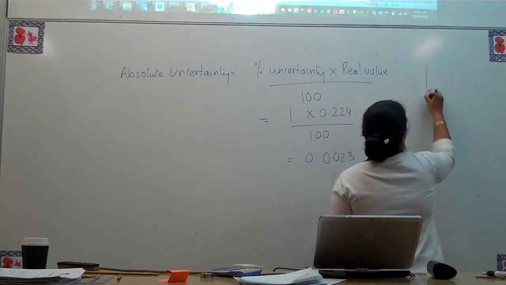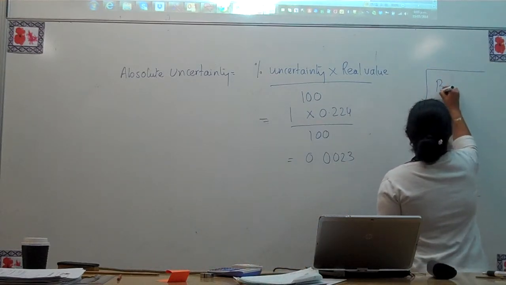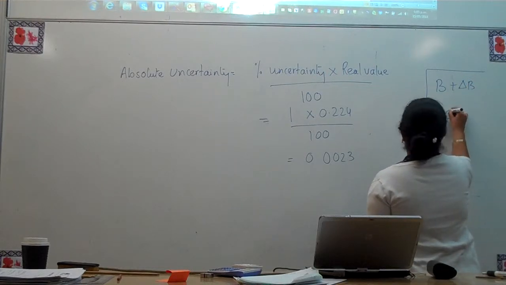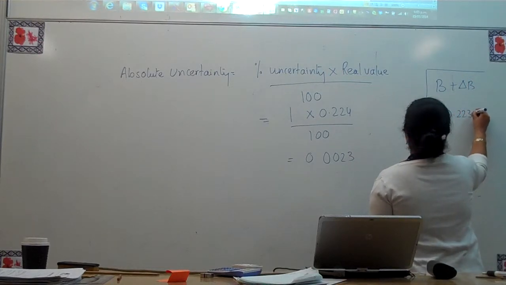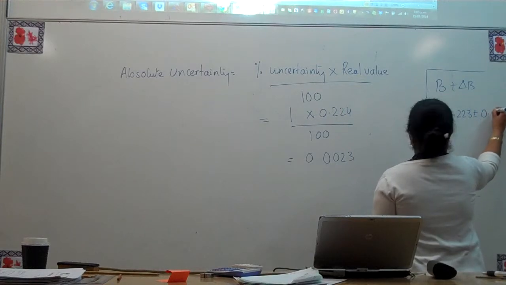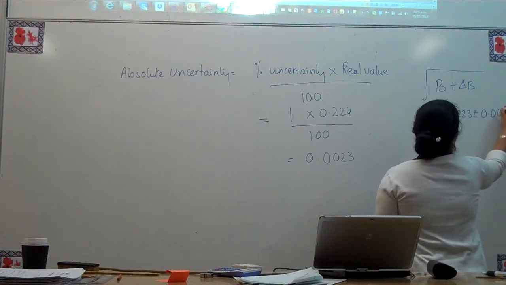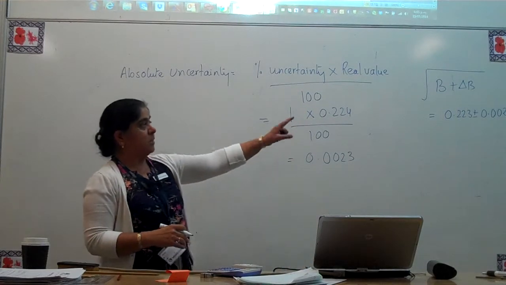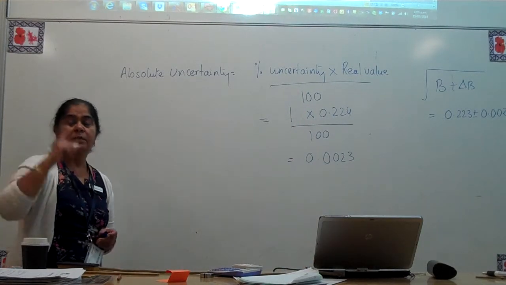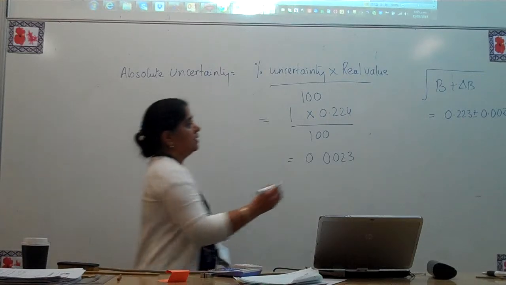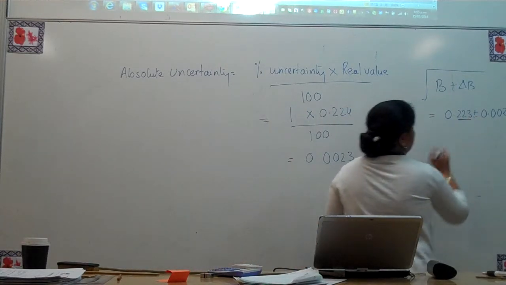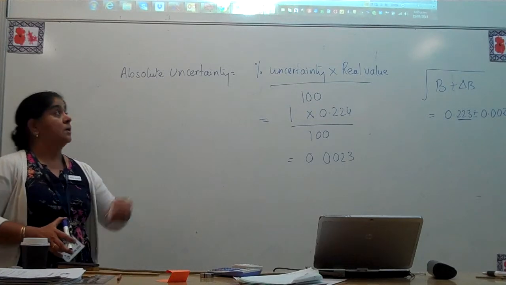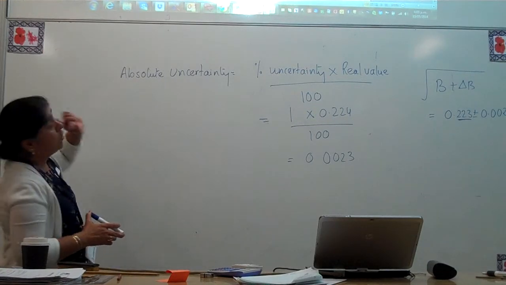When you write this, square root b plus and minus change in b is 0.223 plus and minus 0.002. We don't write 3 because we are finally writing uncertainty in one significant figure, and these numbers have 3 decimal places. Clear? Same way you will do for all of them.